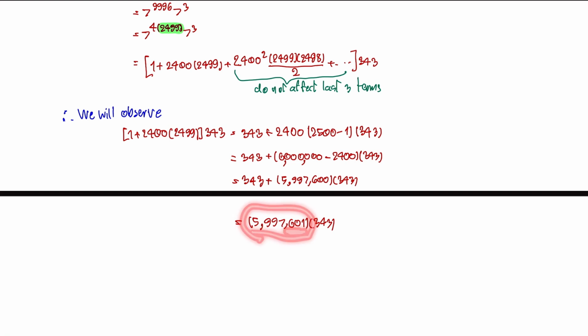So I have to write dot here, 601 343. Okay, and let's multiply. 5,997,601 343, multiplied by 3, we're going to have 3081.